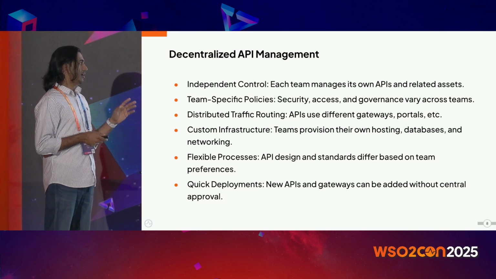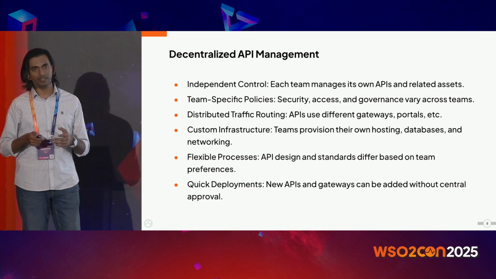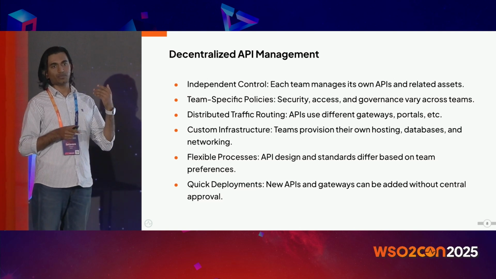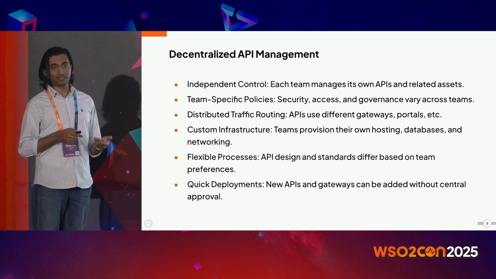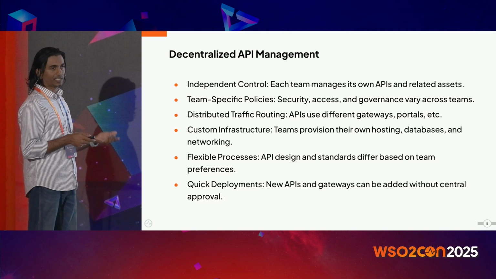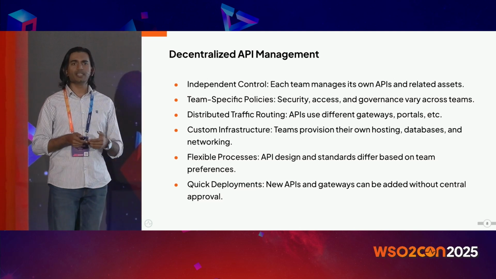So if you look at the advantages side, then it's flexible, right? You don't have a central API management team where you need to go and ask for gateways, policies, and best practices approval. Those things are not there, so we can see that as a plus point. Then when it comes to deployment, it's again quick.